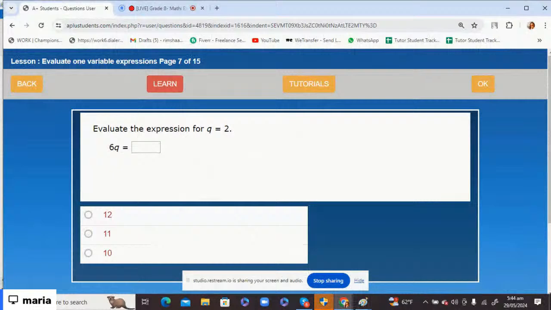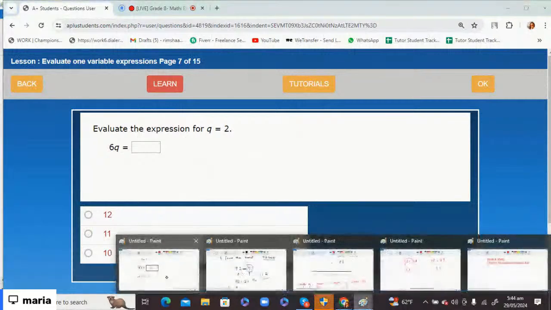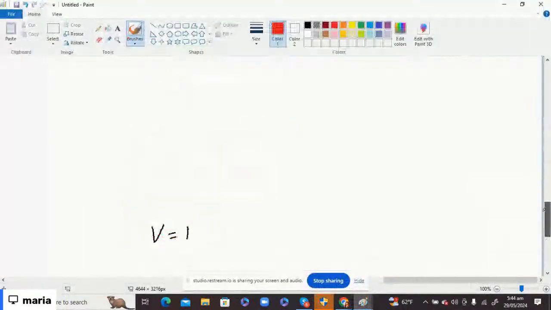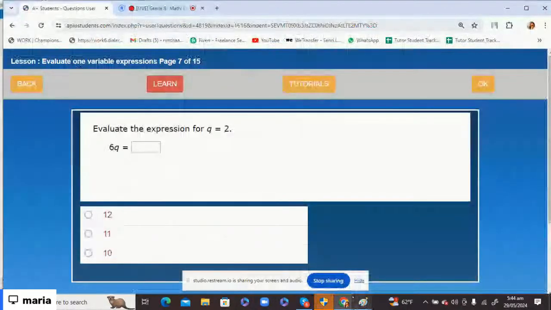Evaluate the expression for q is equal to 2 and here is 6q. It's again multiplication. In place of q we are going to put 2. So q is given, that is 2, and what's the question? That is 6q.